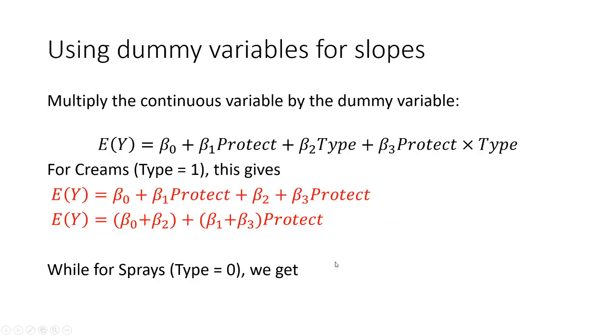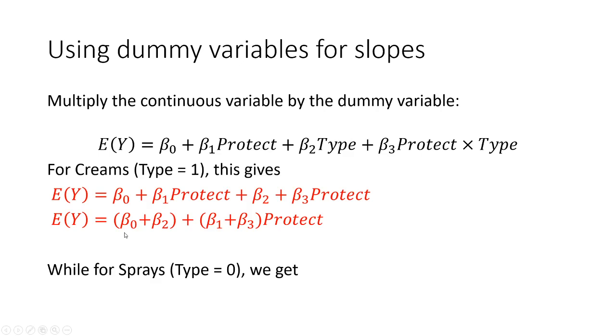What we do is we create a new variable where we multiply together our existing two variables. We multiply together our type variable and our hours of protection variable. So if we do this for creams, what we get is our intercept plus our slope parameter for hours of protection plus the dummy variable for cream plus a new parameter that we're estimating that will multiply the hours of protection.